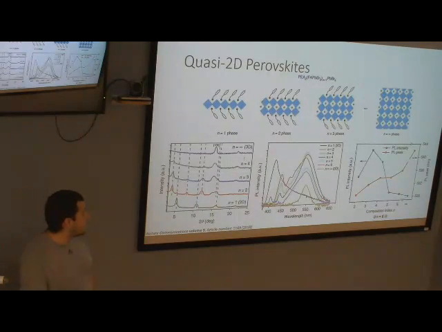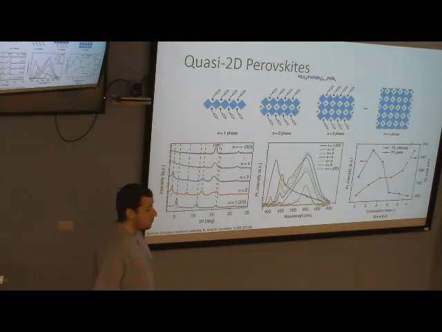The key thing is that the N equals 3 layers, this specific one where we have 3 layers of perovskites, happened to be the best candidate for photoluminescence. It gave us the brightest emission compared to N equals 4.